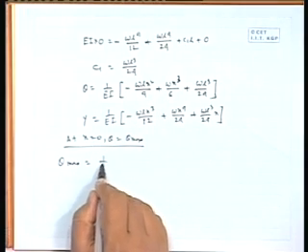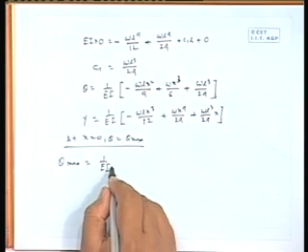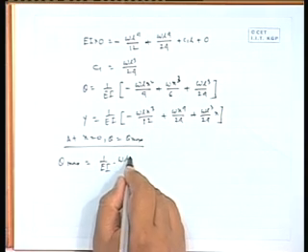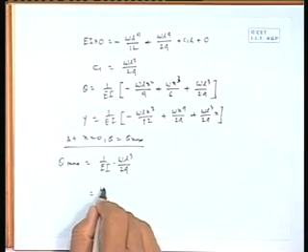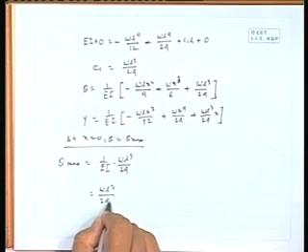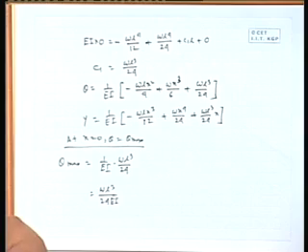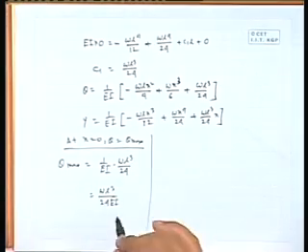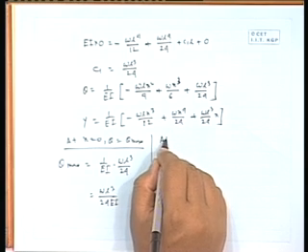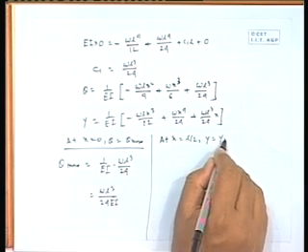So, it will be 1 by EI, and these two terms will be 0, it will be omega L cube by 24, or sometimes we write omega L cube divided by 24 EI, right. Now, if I write the maximum deflection at x equal to L by 2, your y will be equal to y max.